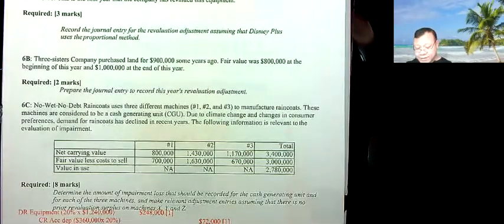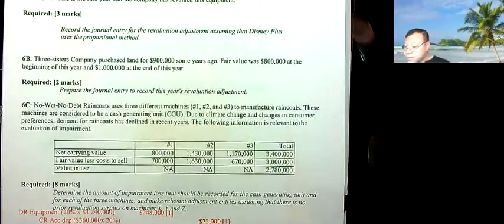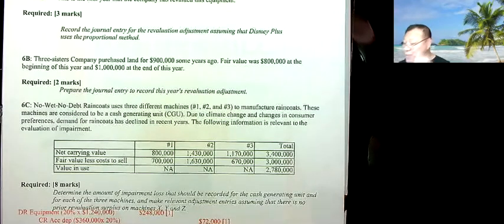Question for 6C. No wet, no debt. Rainboats uses 3 different machines, A1, 2, 3, to manufacture raincoats. These machines are considered to be a cash generating unit.